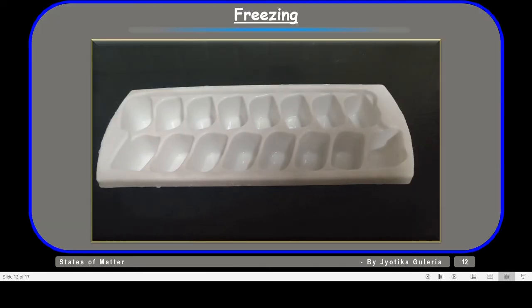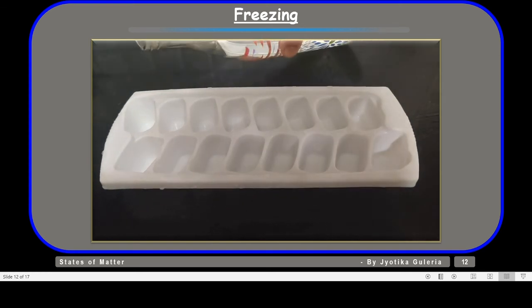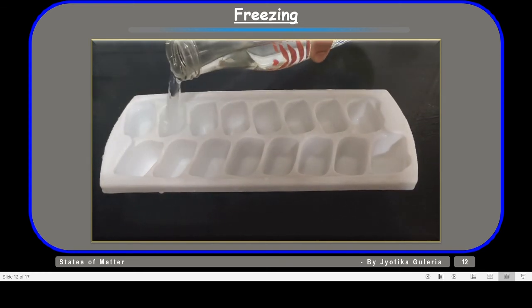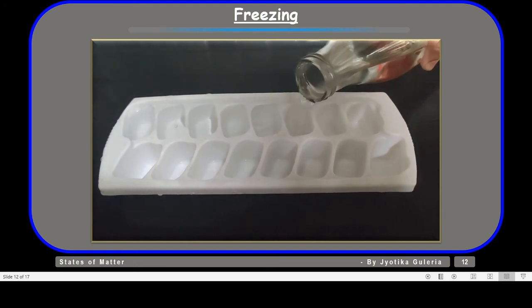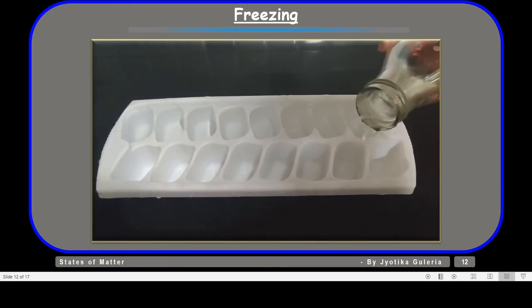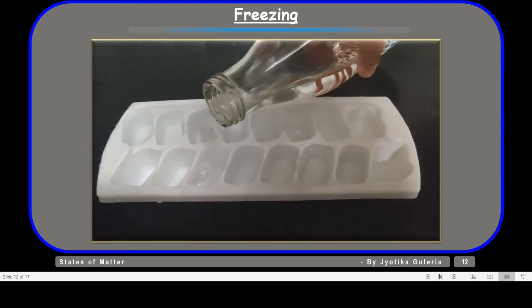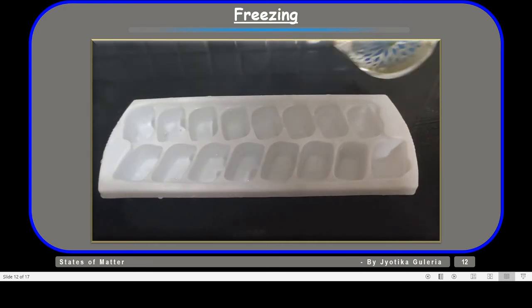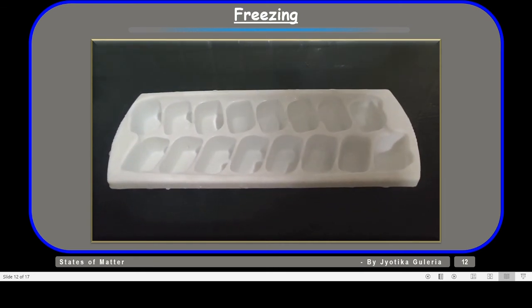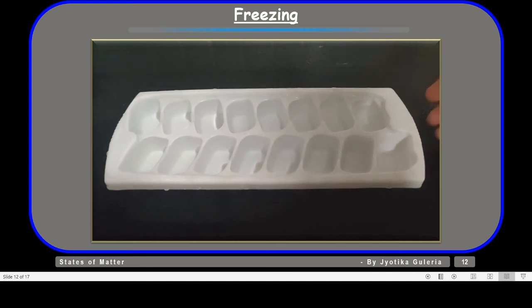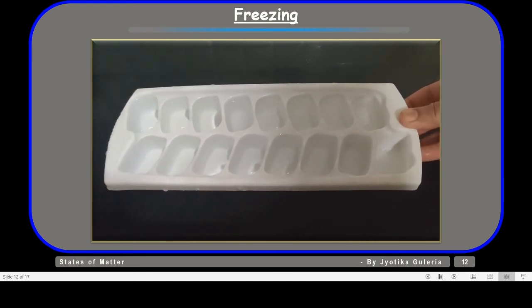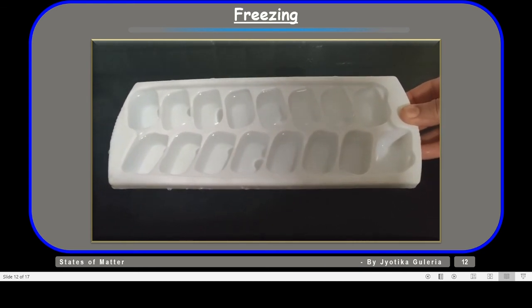So children, now let us take up a demonstration on freezing. So as you can see here, I have this ice tray with me. Now I'll fill all its compartments with water, and we know the property of water, that it can be poured, it can take the shape of the container. That means when I freeze it, the ice cubes that I'll get will be of similar shape.